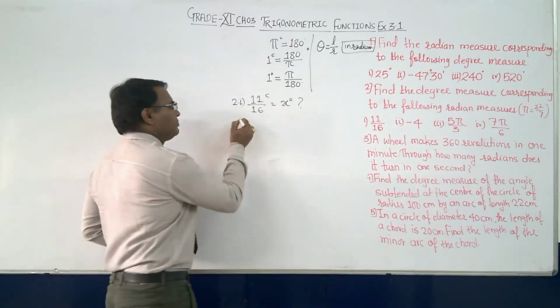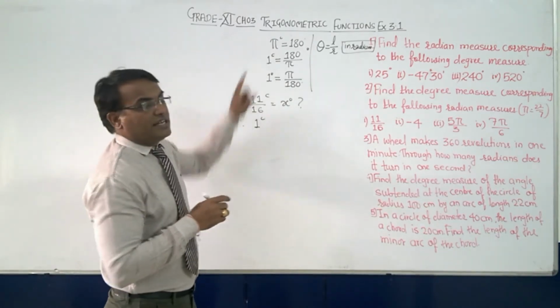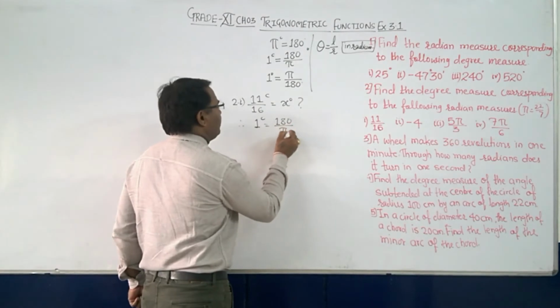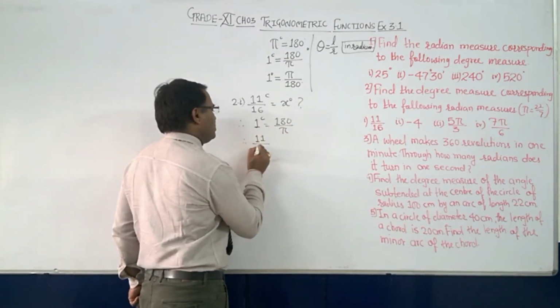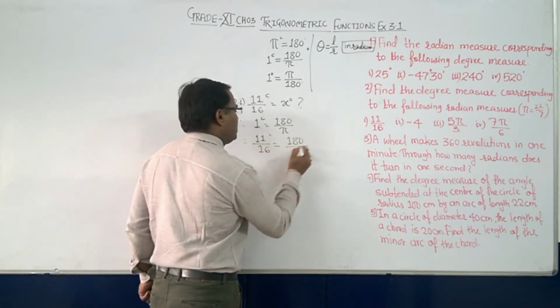So again same thing, we know that according to the previous formula, 1 radian is equal to 180 upon pi. Therefore 11 upon 16 radians will be 180 upon pi.